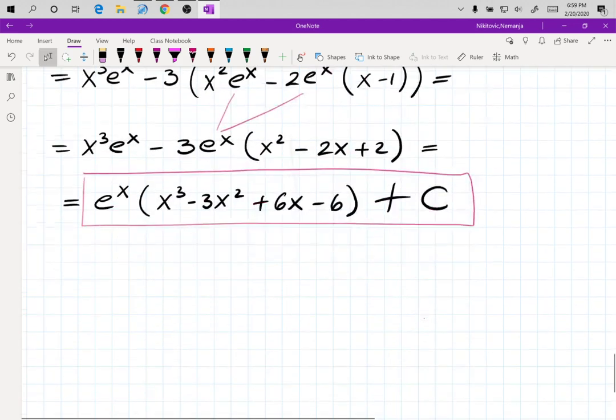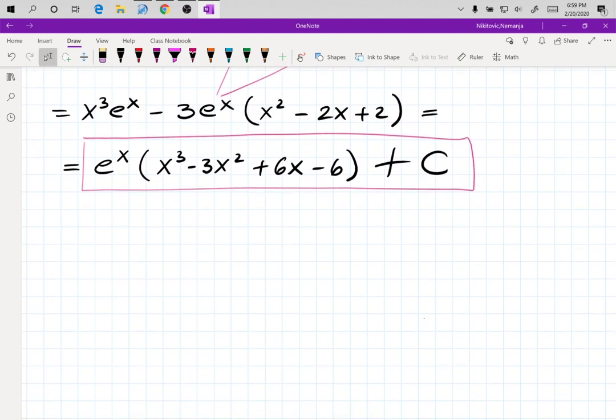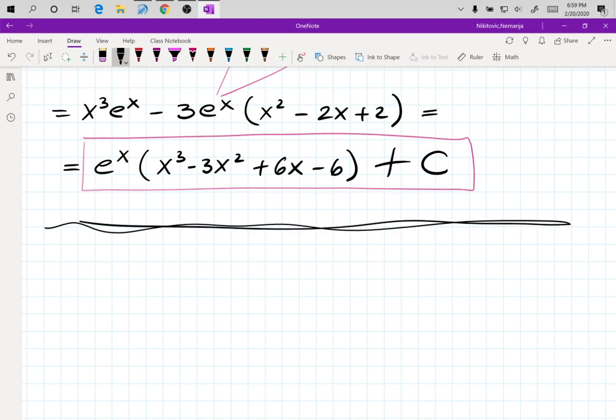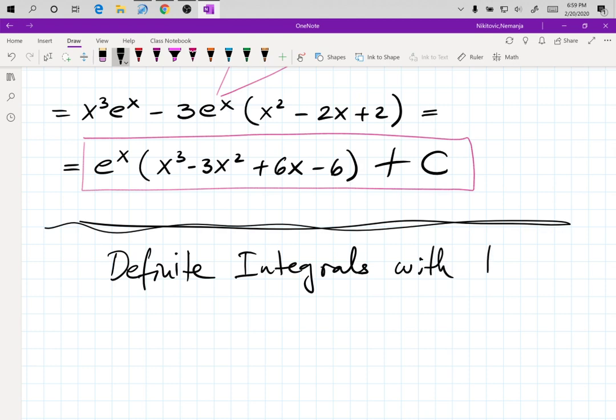Good. All right. Part 3, definite integrals with IBP, integration by parts. Something that is going to be very relevant to you.